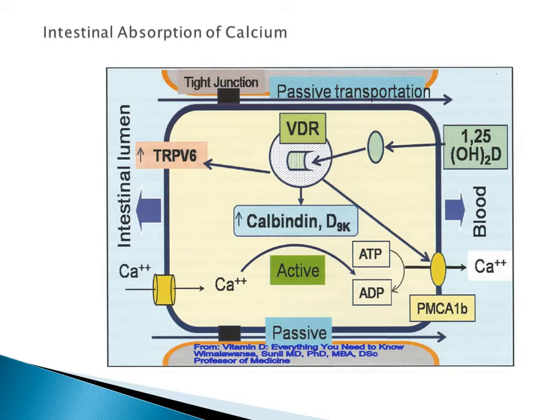There's a similar process with the intestinal cell, where calcium is absorbed using the TRPV6 channels from the intestine, and it attaches again to calbindin, and then is transported into the blood. And if these transport processes are defective or interfered with or not working properly, then this can lead to a drop in serum calcium, which then has other consequences.